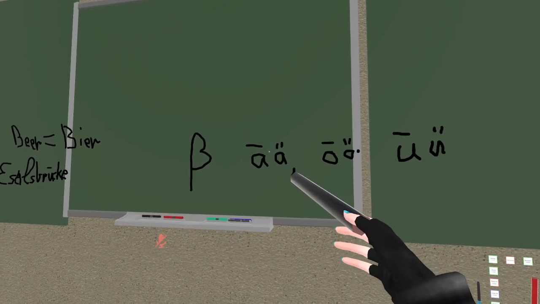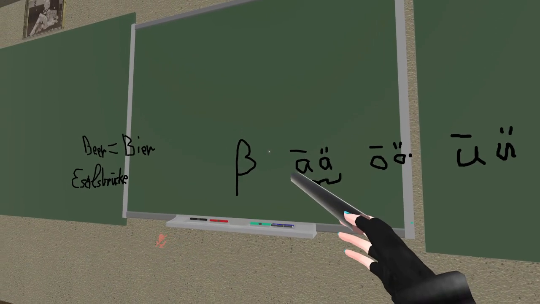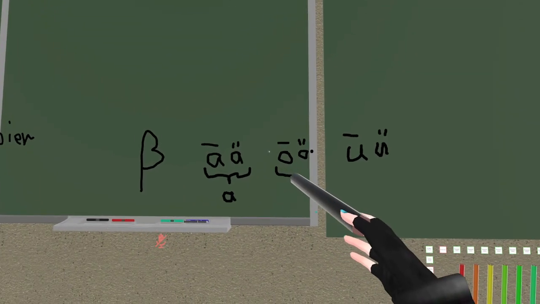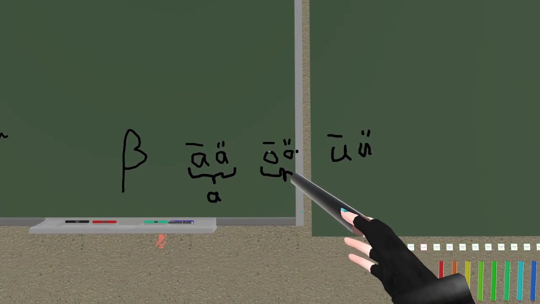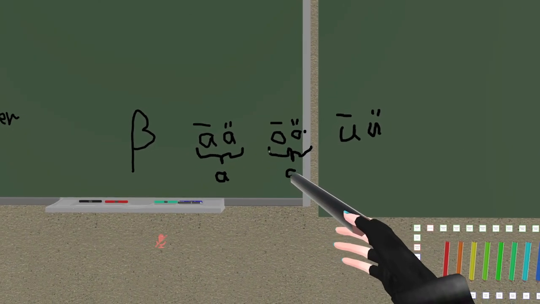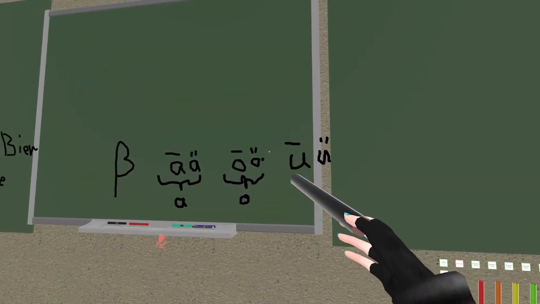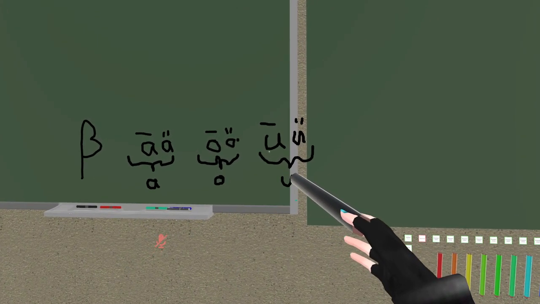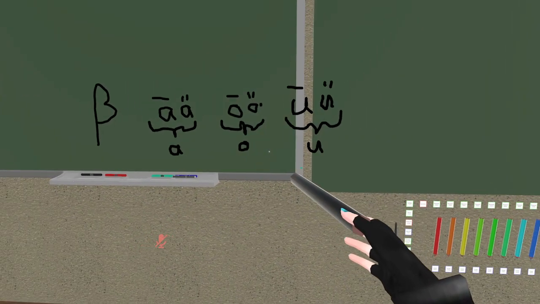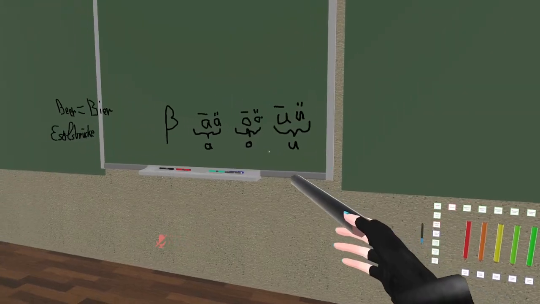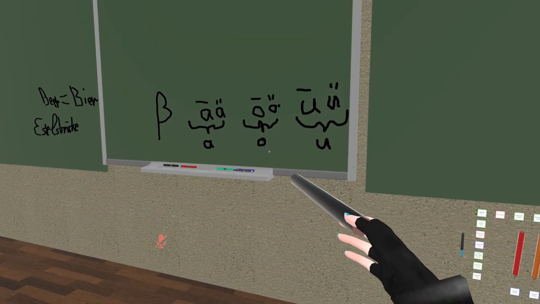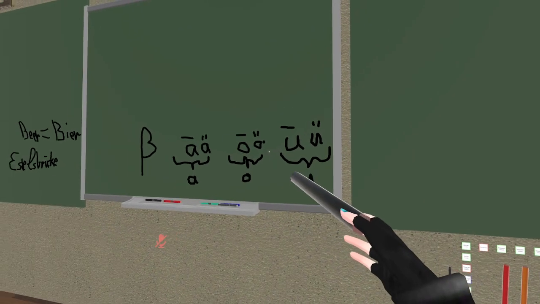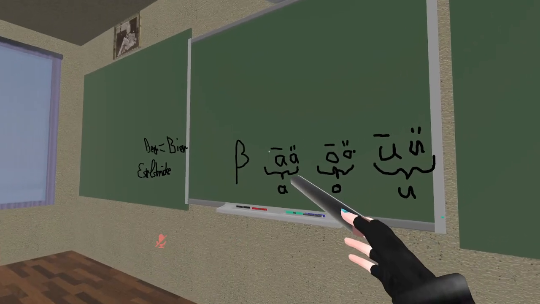Okay, you have the normal letter for this, which would be this one, you all know it. For those, it would be this. And for those, it would be this. So now you have those letters that are specific. And now I teach you how to pronounce them.